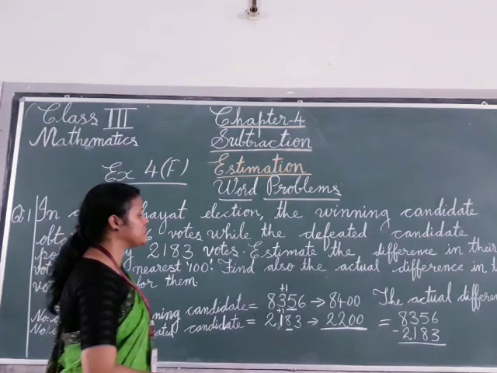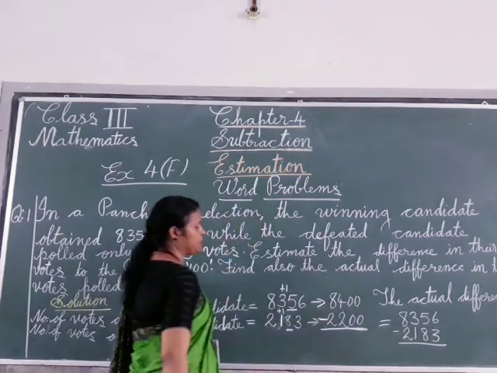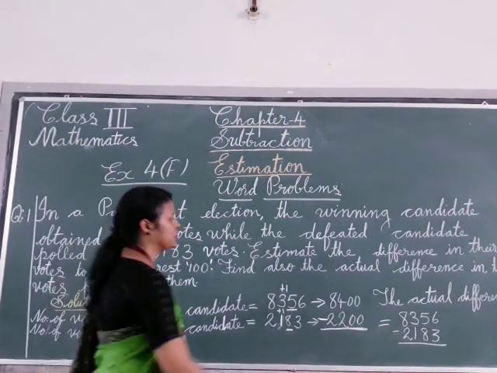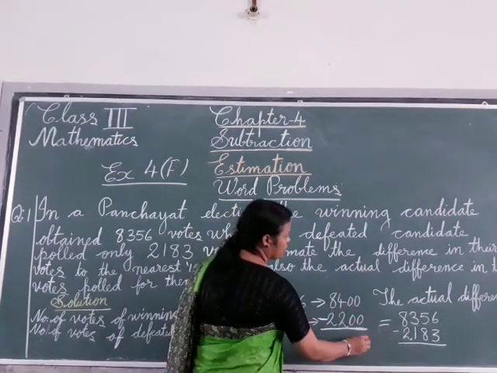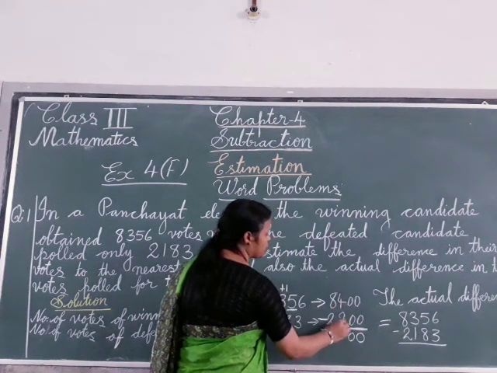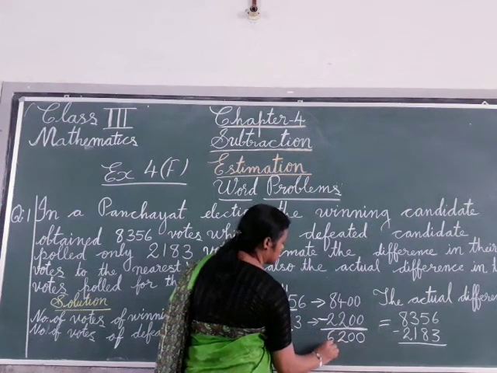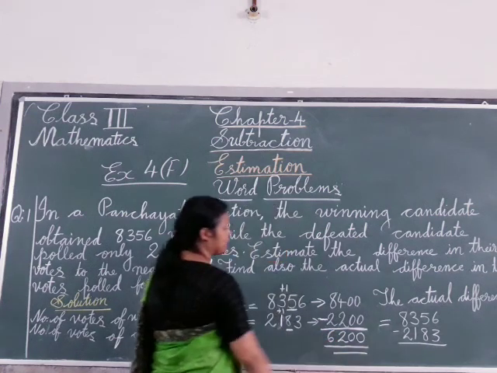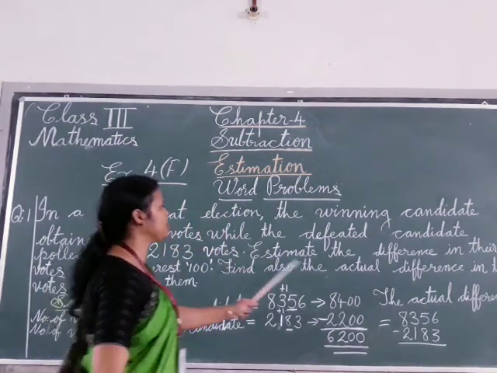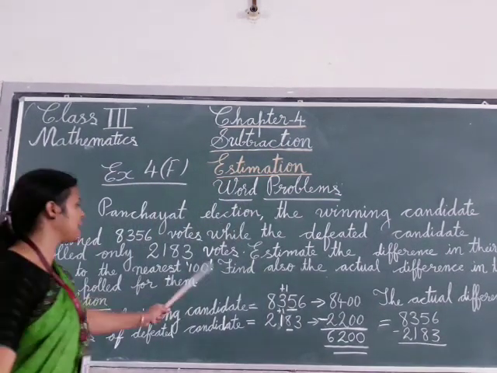Now let us subtract these numbers. So for the estimation we will get 0 minus 0, 0. Next is 0 minus 0, 0. 4 minus 2, 2. 8 minus 2, 6. Here we are getting 6,200. Fine. Estimate the difference in their votes to the nearest 100.